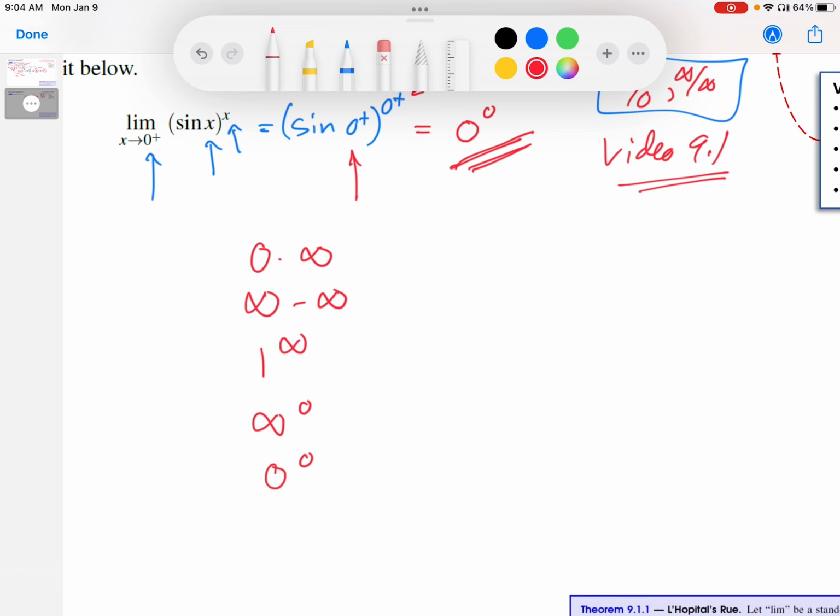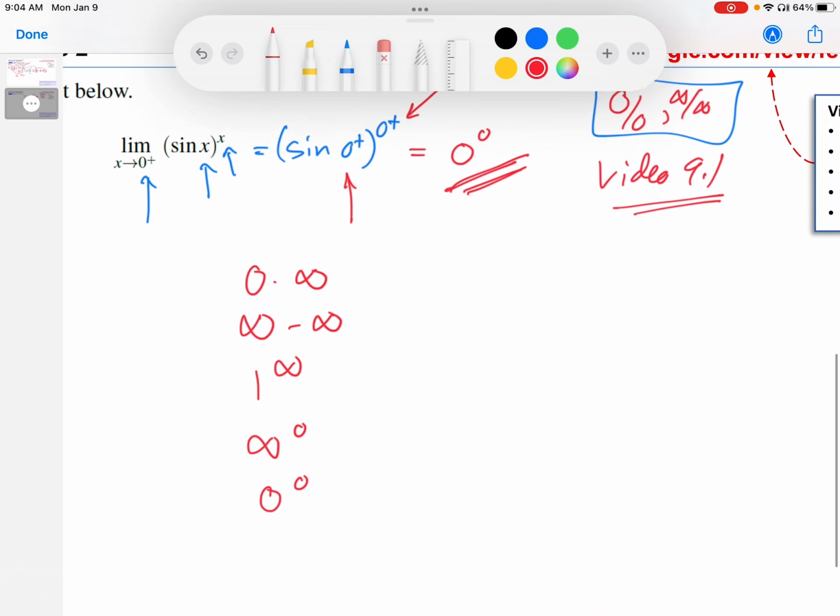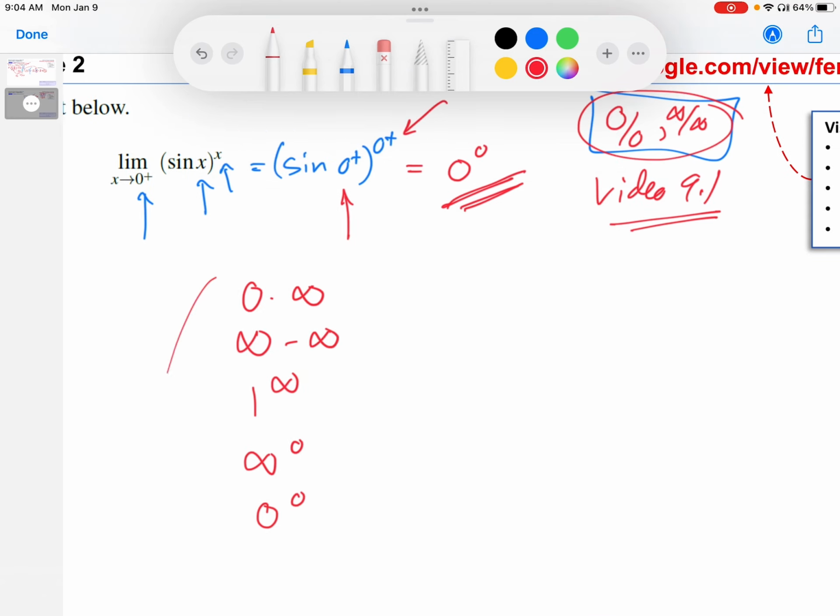For all of these, if you get a limit that tends to one of these quantities, then you know there's got to be something else going on, a different way to evaluate the limit, because these are not actual unique answers for a limit as they should be.